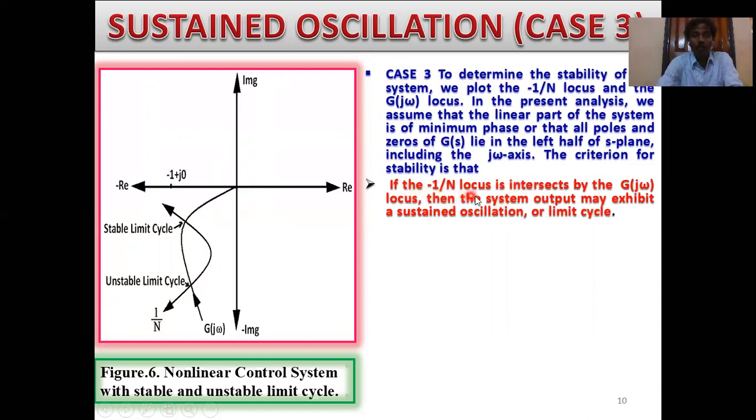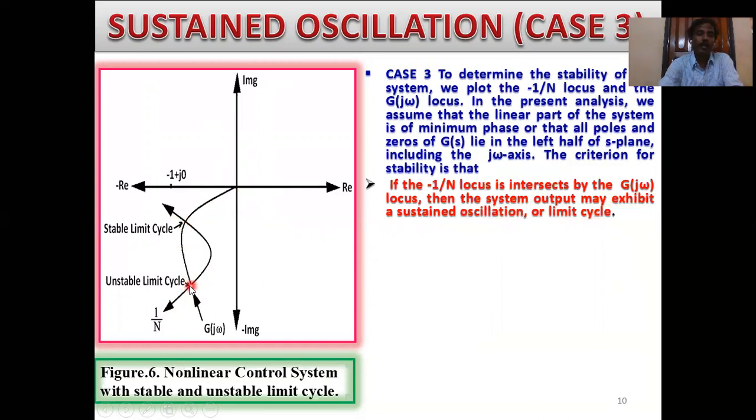If the minus 1 by N locus is intersected by the z omega locus, and this is the intersection point, then the system output may exhibit a sustained oscillation or limit cycle.